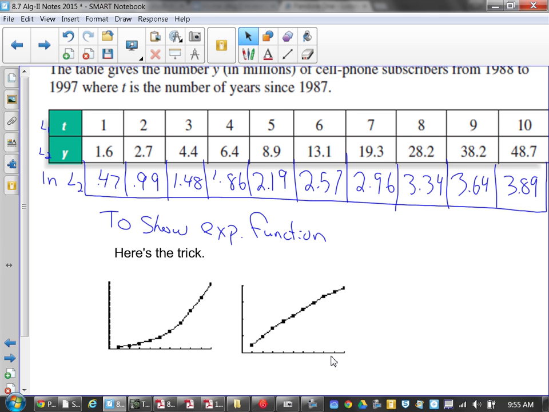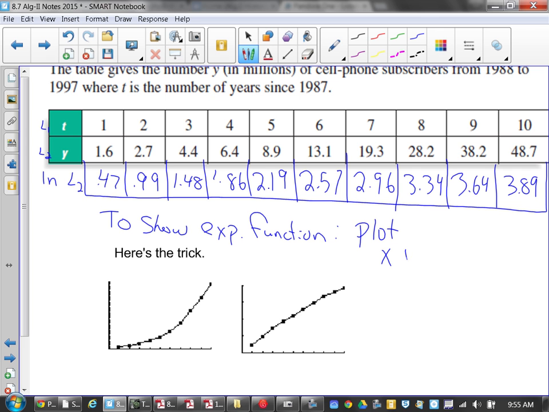That's how you're able to tell from looking at a table of values. In order to tell if it's an exponential function, you plot x versus the natural log of y. If it's linear-ish, then it's exponential.